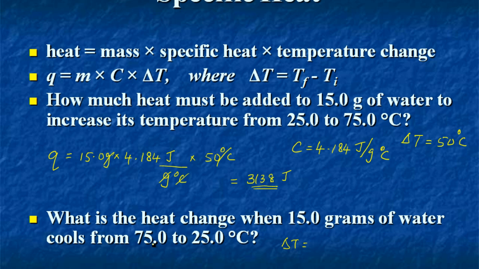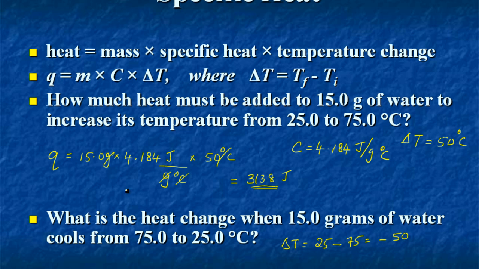The water cools from 75. That means initially the temperature is 75 and final temperature is 25. Delta T is calculated as final minus initial. So 25, which is the final temperature, minus initial temperature, which is 75. So what is delta T? Negative 50.